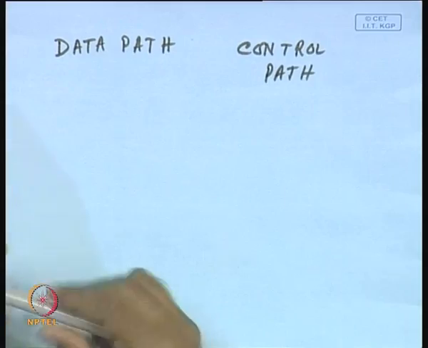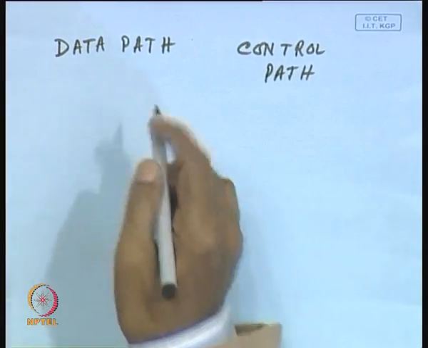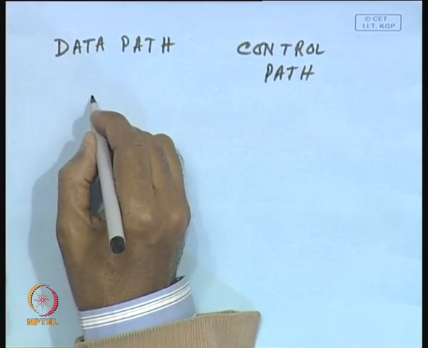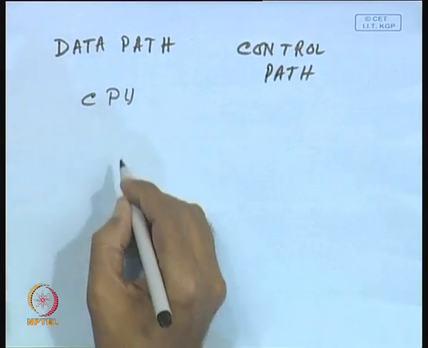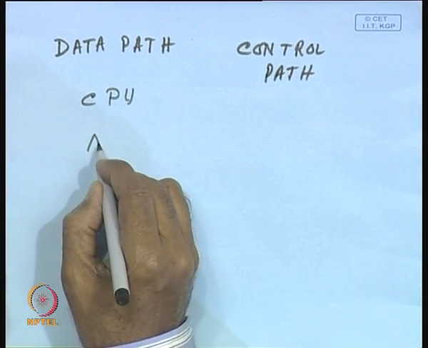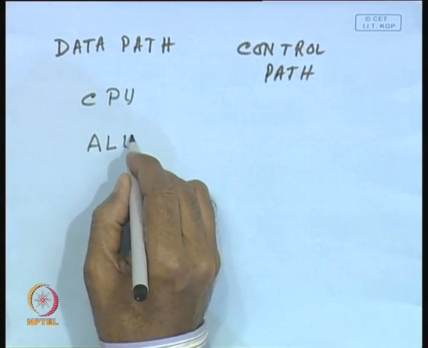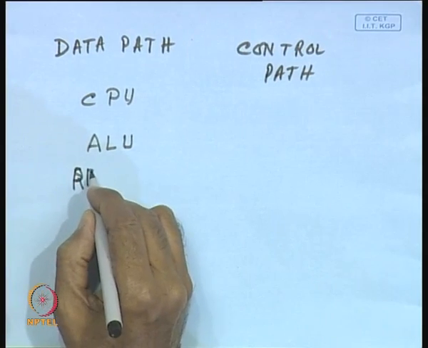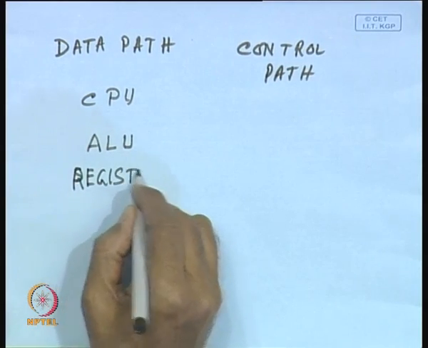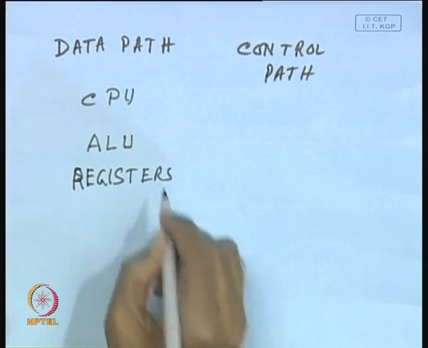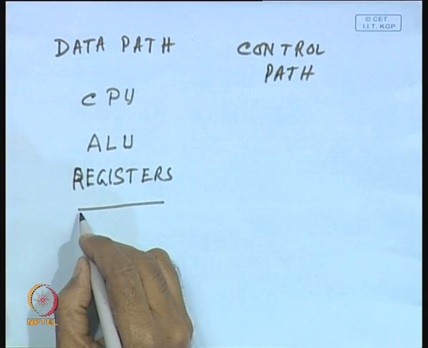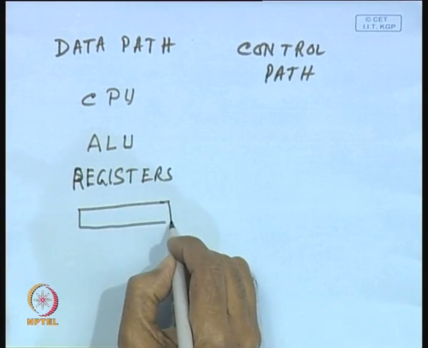For example, let me take the example of a general purpose computer, say CPU, central processing unit. As you know, it consists of arithmetic and logic unit, a set of registers, and these ALU and registers are controlled with the help of a control unit.